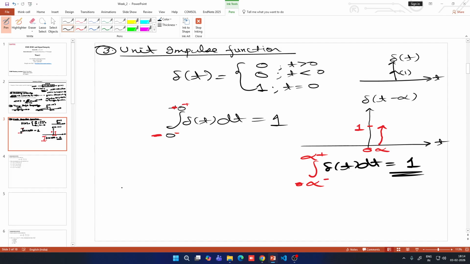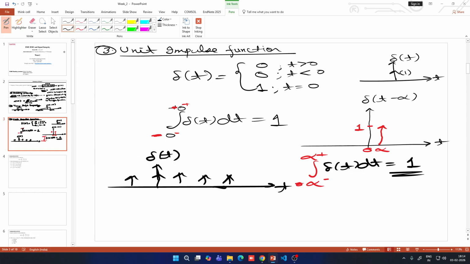One important property: let's consider a train of unit impulse functions, like a lot of unit impulse functions at time t. We can write this as x of t, because delta of t denotes a single unit impulse function.